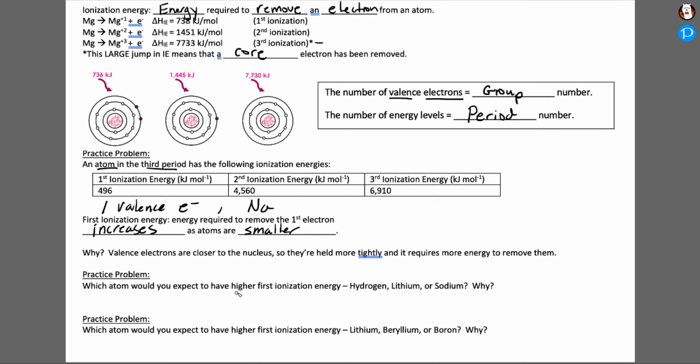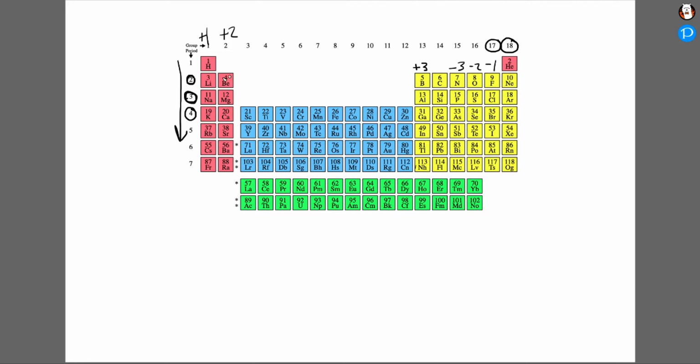Which atom would you expect to have a higher first ionization energy? Hydrogen, lithium, or sodium? If we think about this, we're looking at right here, hydrogen, lithium, and sodium. Now, they all have only 1 valence electron. The difference is how many energy levels they have, right?